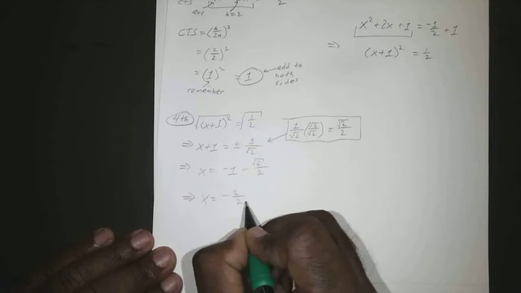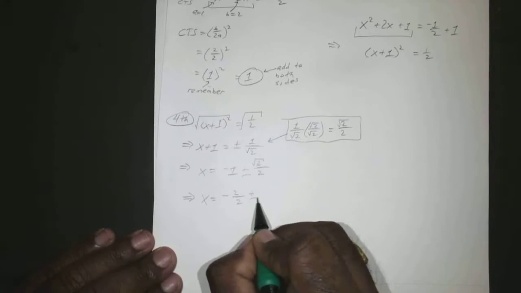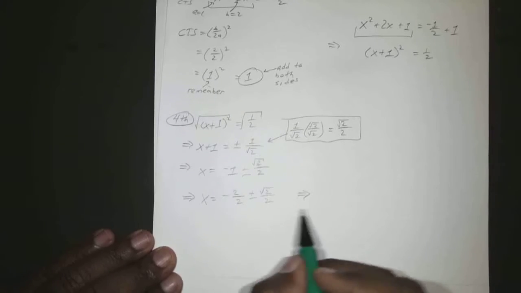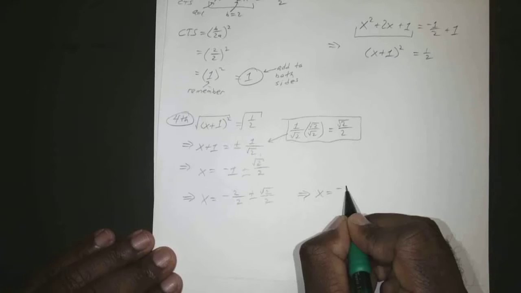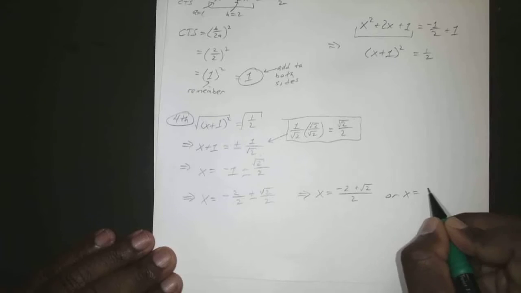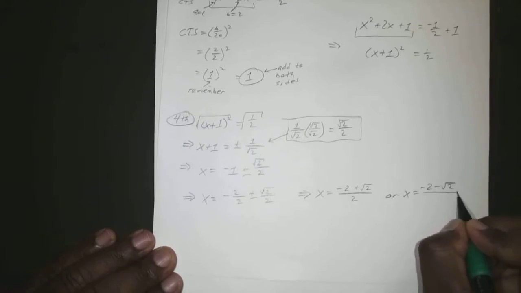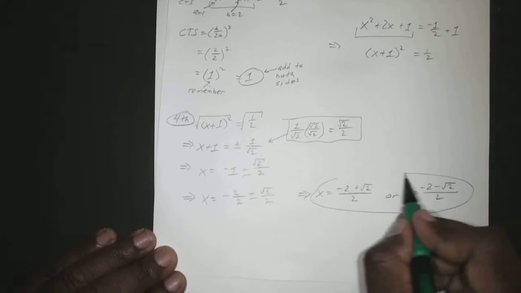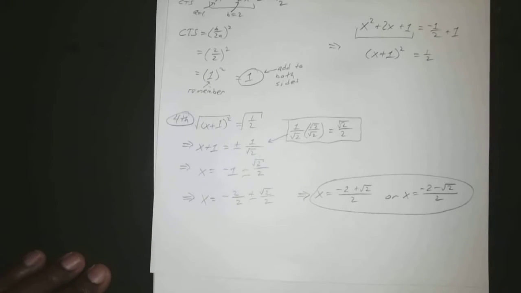At negative 1, you can make that negative 2 over 2, plus or minus square root of 2 over 2, which means you can make that x equals negative 2 plus square root of 2 over 2, or x equals negative 2 minus square root of 2 over 2 as your final answer. So sometimes it'll come out to be a nice, neat whole number, or nice, neat, pretty fraction. Sometimes it'll come out to be a strange-looking irrational number.